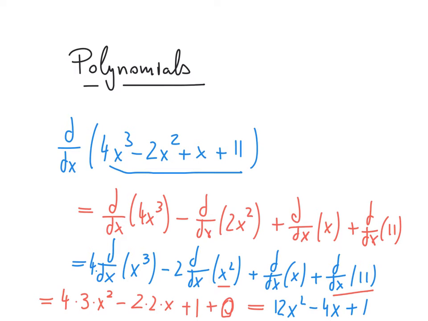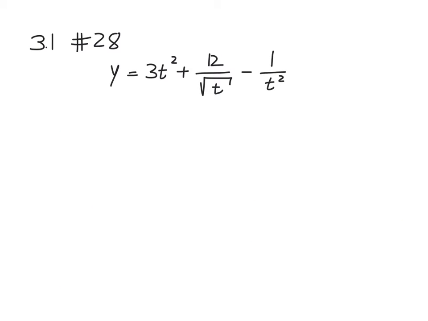And we're going to do a couple of exercises from the book now to practice these rules, right? So the product rule, the constant multiple rule, and so on for other functions. So let's look at number 28 from chapter section 3.1.